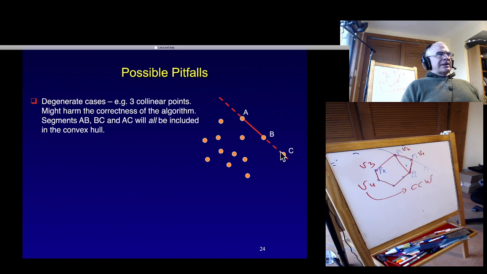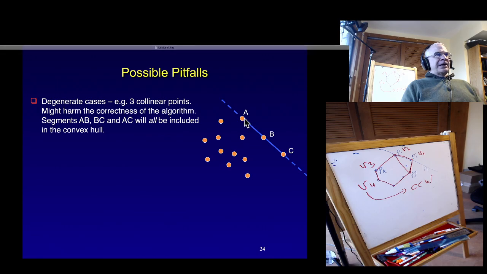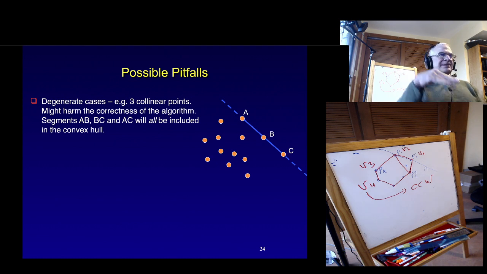It turns out that the algorithm will decide that all of CB, BA, and AC are on the edges of the convex hull. That's bad, but that's just mildly bad. What could be worse is that the algorithm, because of numerical issues, remember, 3 points that are almost collinear might appear as collinear, and 3 points that are collinear might appear as not collinear, so is this a right turn or left turn? Both answers are legit.